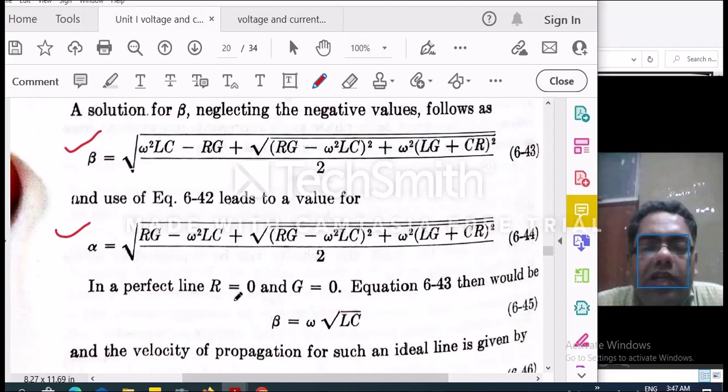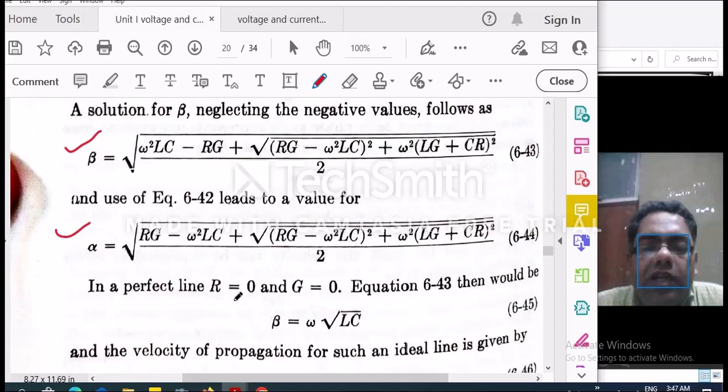Now in this equation we have to equate real and imaginary parts. The real part is alpha square minus beta square, which we equate with rg minus omega square lc. So we get this equation.